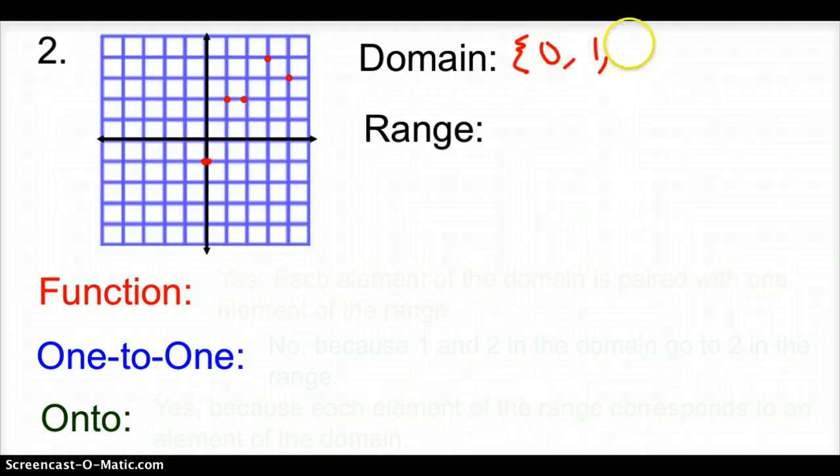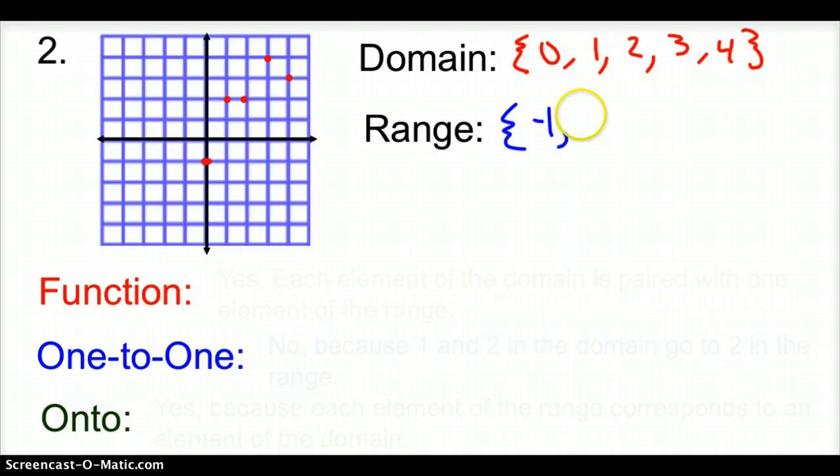Then we have 2, we have 3, and we have 4 for our domain. How about our range? Now we're looking at the y values. Well, that's down, -1. This is up to 2. And then we're up all the way to 4 and to 3, so there's our range.